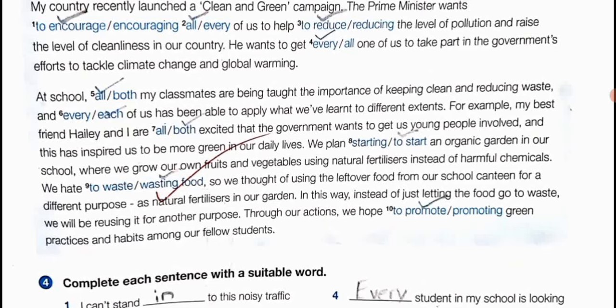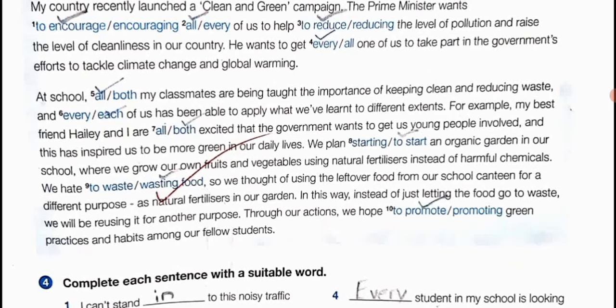For example, my best friend Haley and I are both excited that the government wants to get us young people involved, and this has inspired us to be more green in our daily lives. We plan to start an organic garden in our school where we grow our own fruits and vegetables using natural fertilizers instead of harmful chemicals.